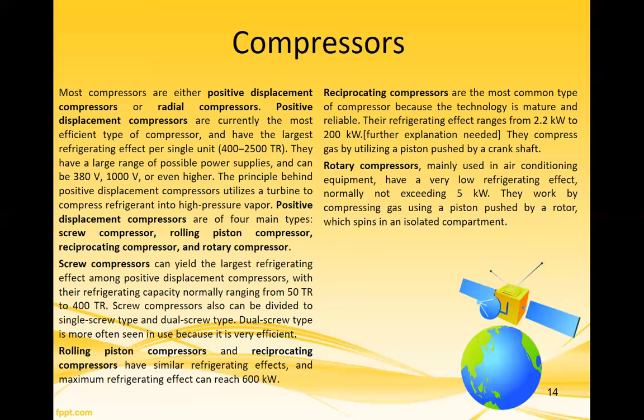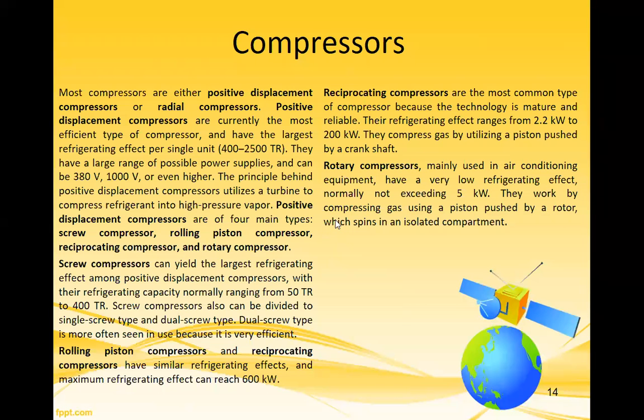The refrigerating effect ranges from 2.2 kilowatts to 200 kilowatts. They compress gas by utilizing piston force via crankshaft. Now, the rotary compressors, mainly used in air conditioning equipment, have a very low refrigerating effect, normally not exceeding 5 kilowatts. They work by compressing gas using piston force by the rotor.